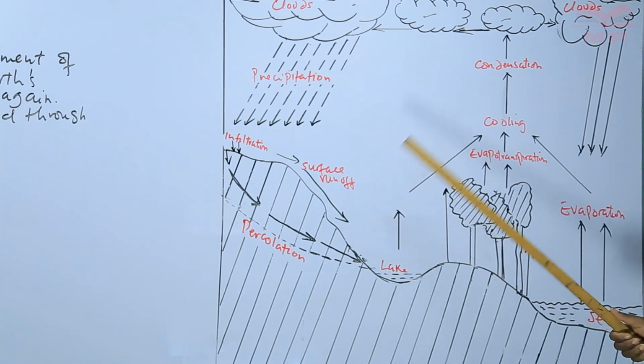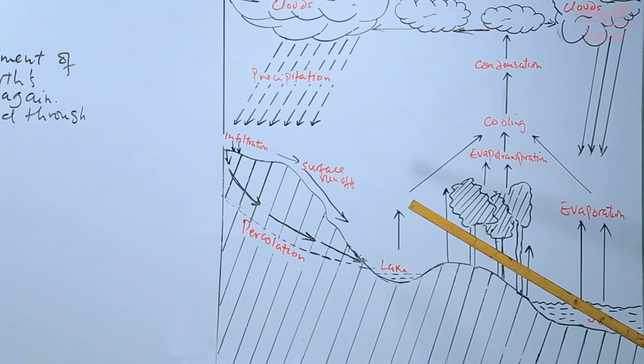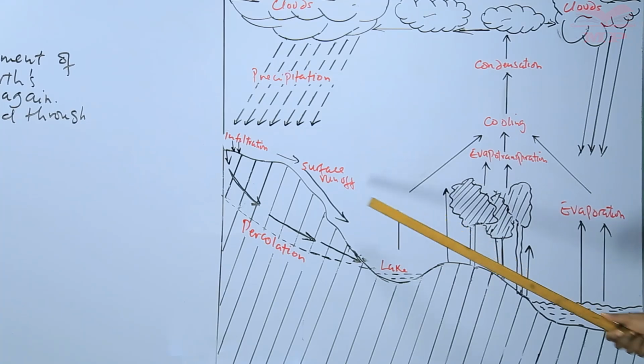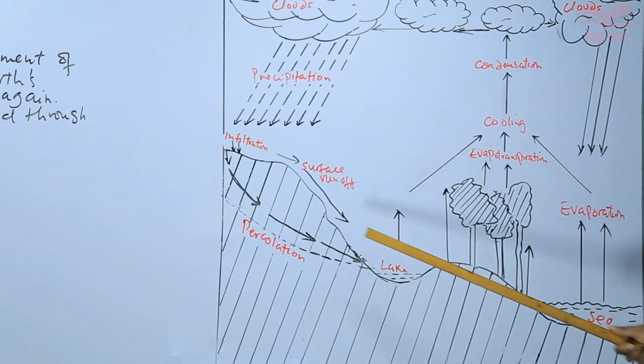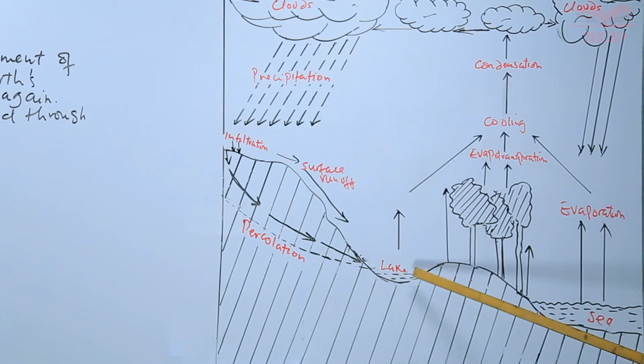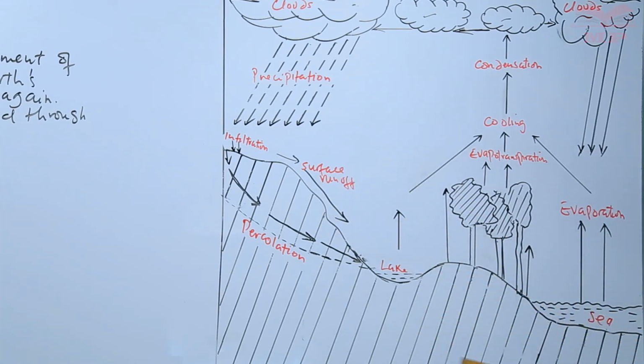The water that hits the surface of the earth goes back to the valleys, into lakes, into seas, into swamps, and so on.